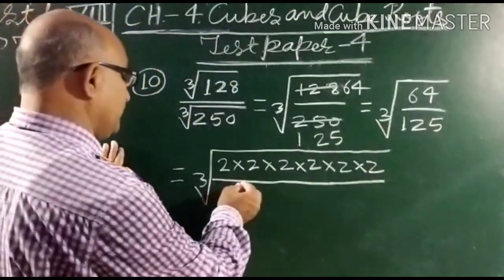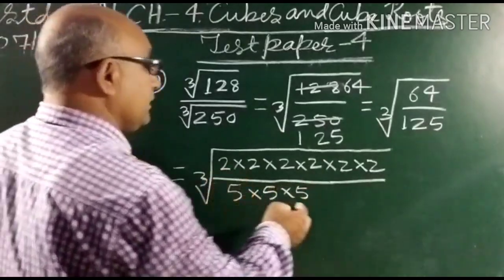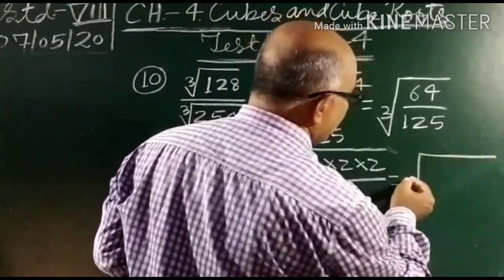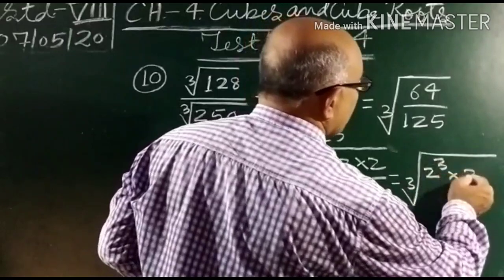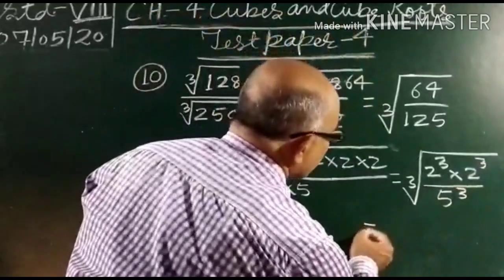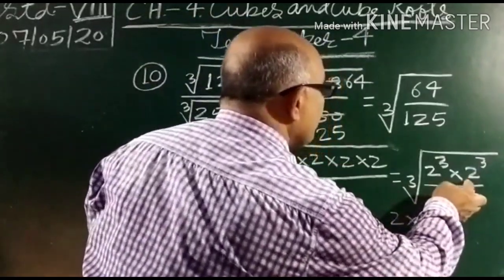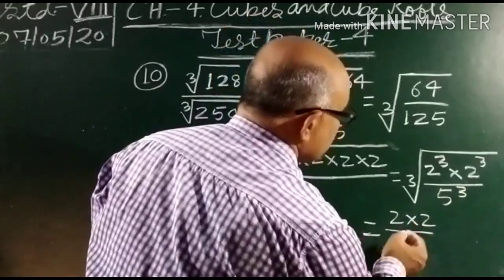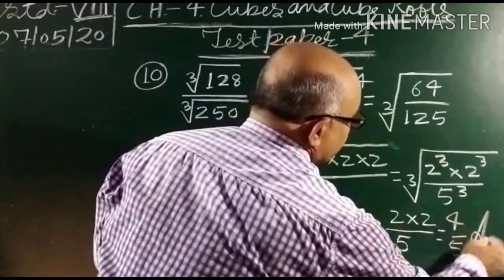Prime factors of 125: 5 into 5 into 5, equal to cube root of 2 cube into 2 cube by 5 cube. So the cube root of 2 cube is 2, and the cube root of 2 cube is 2, by the cube root of 5 cube is 5. So 2 2s are 4 by 5, the answer.